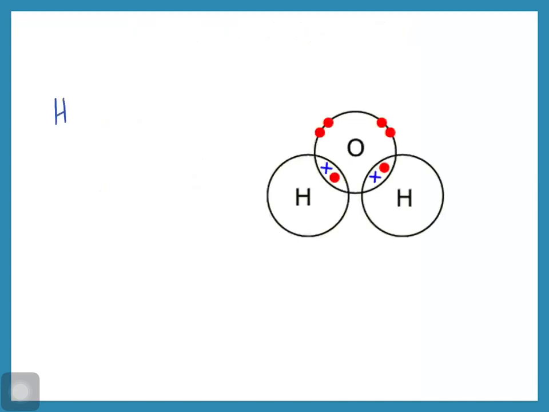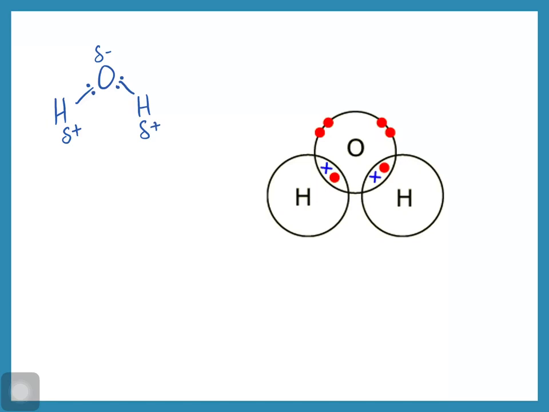So if you recall, we have talked about how water is a polar molecule and it has a slightly negative and slightly positive end. And that is because the electrons that are shared between the hydrogen and the oxygen are actually pulled in a little bit closer to the oxygen than to the hydrogen.